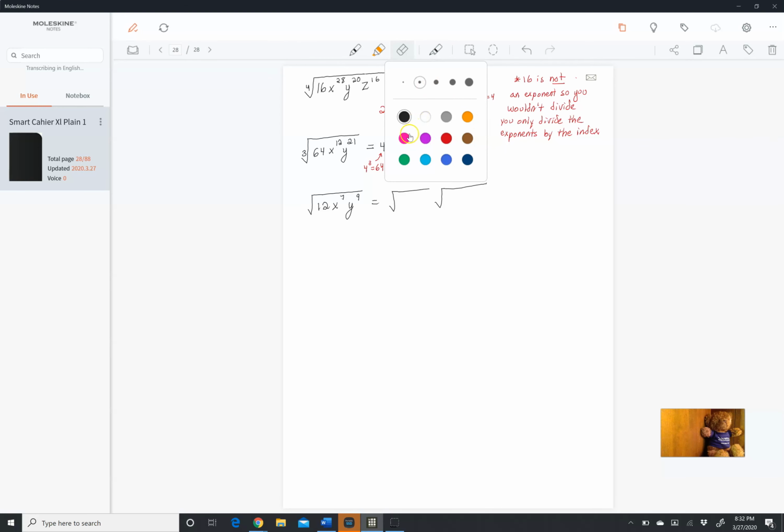Okay, in this case, they're perfect squares. And these perfect squares are factors of the radicand. The second radical that you see is what's left over.